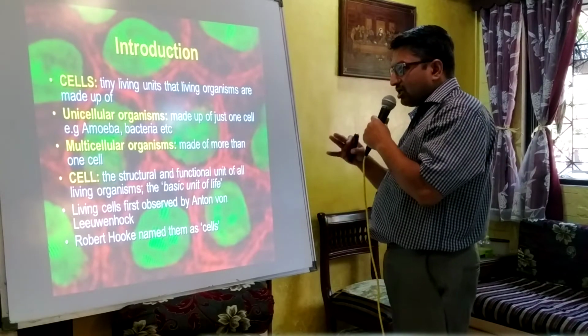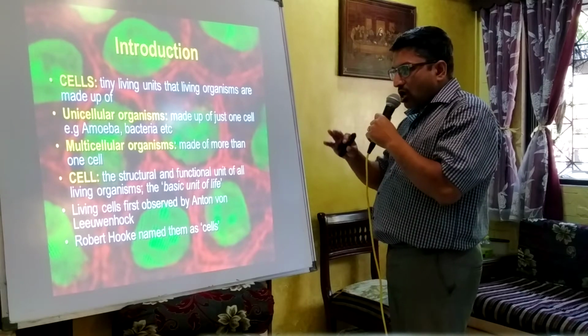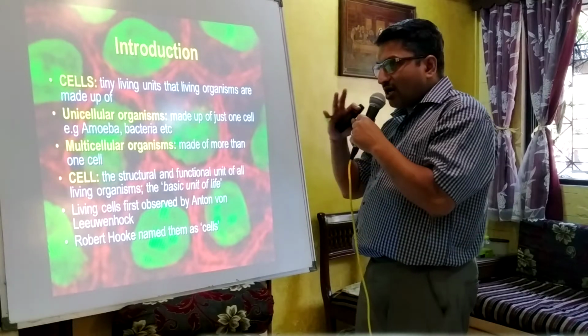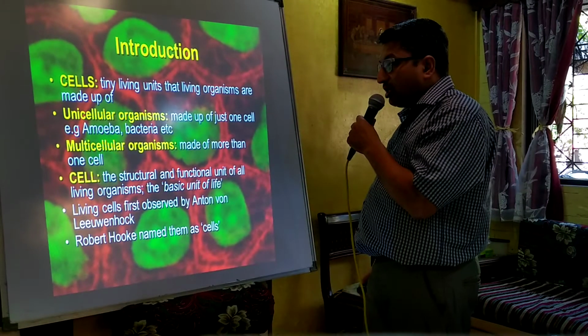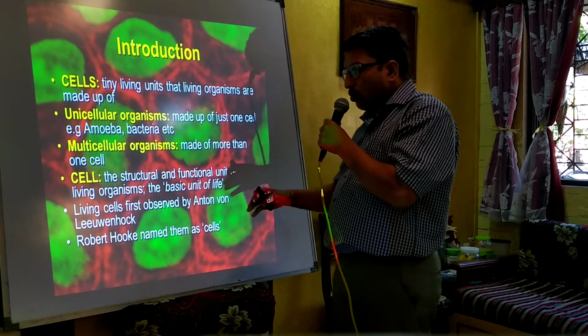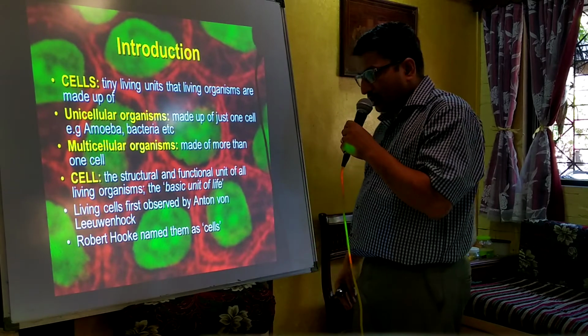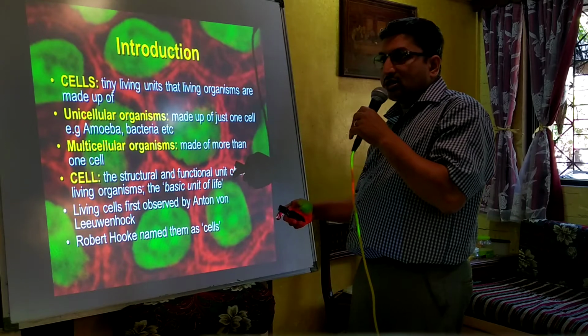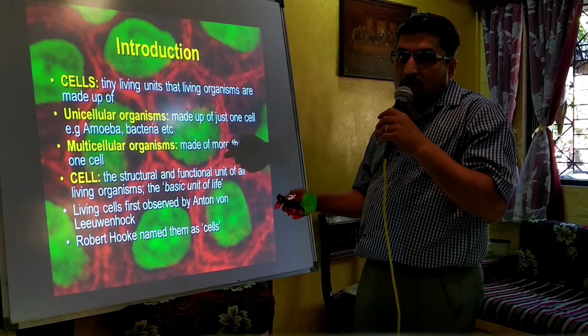It is the basic unit of life. If we look into the history of cells, we see that the first living cell was observed by Anton von Leeuwenhoek. And it was Robert Hooke who coined the term cell.